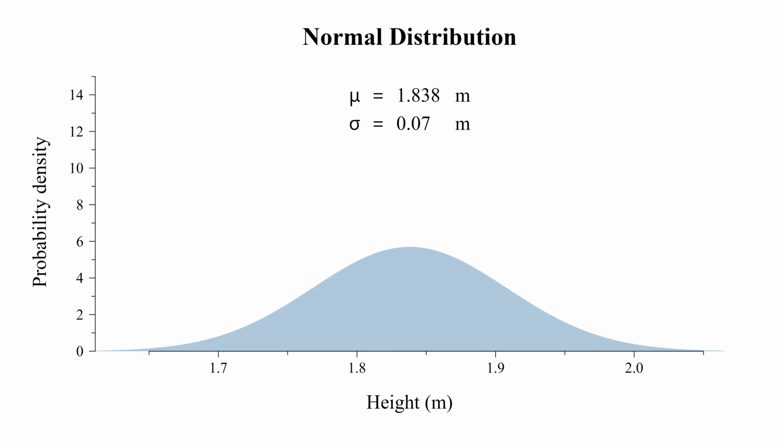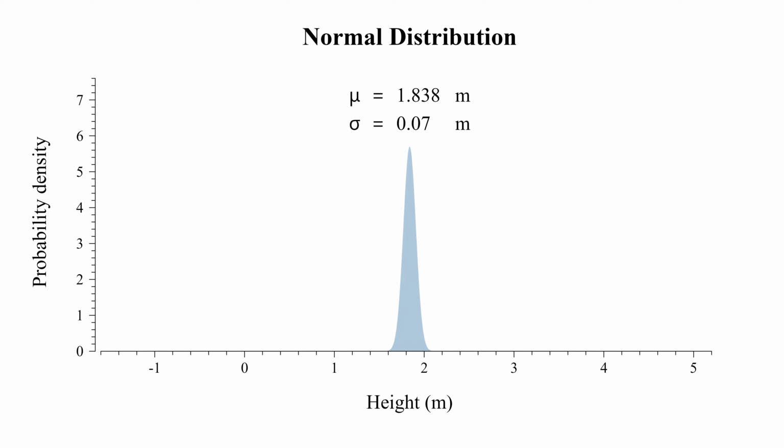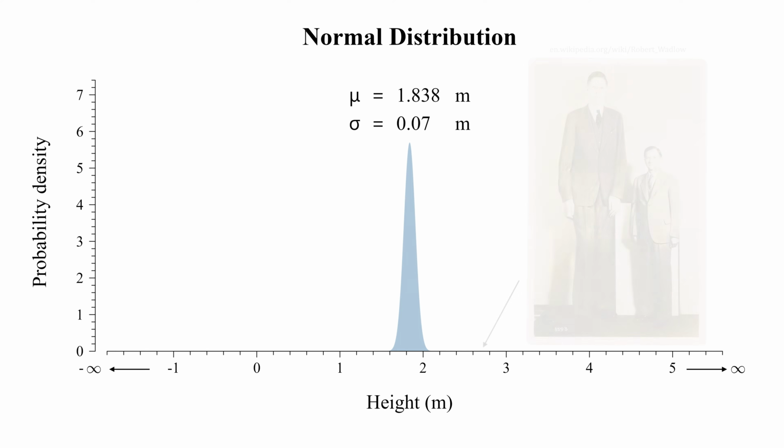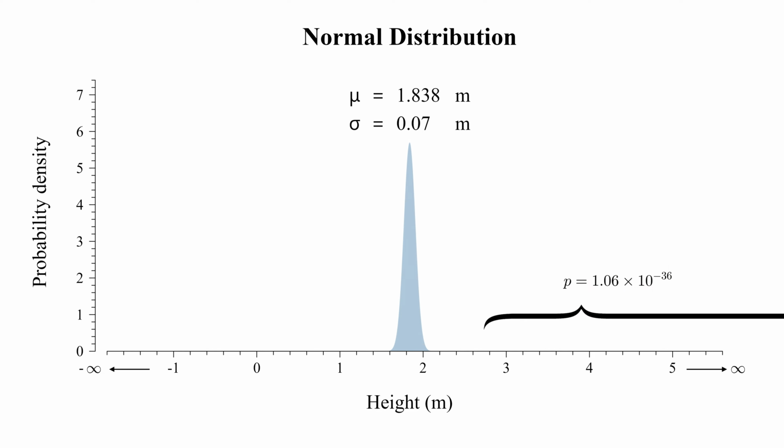One final important property of the normal distribution is that it goes on forever, which is useful to allow for the occasional, rare outlier. For example, the tallest person to have ever lived. The probability of an observation that large or larger is extremely small, but it is possible.